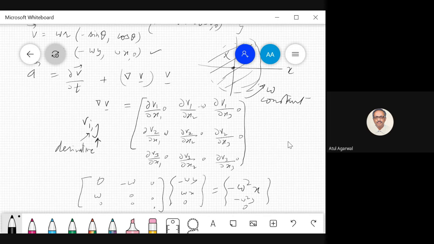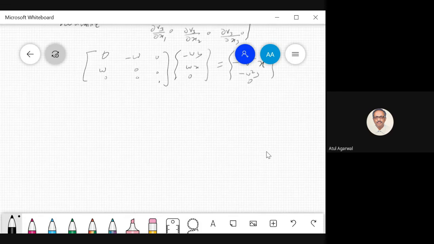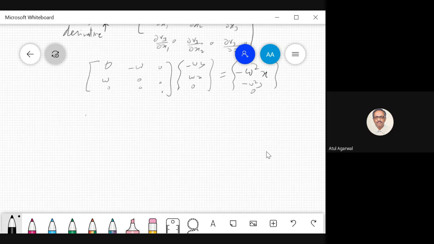So you get a vector. You are multiplying a matrix with a vector, you get a vector as the output. So you see your dv by dt. This we found using Eulerian mechanics.